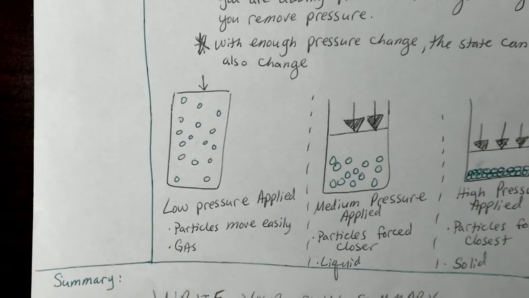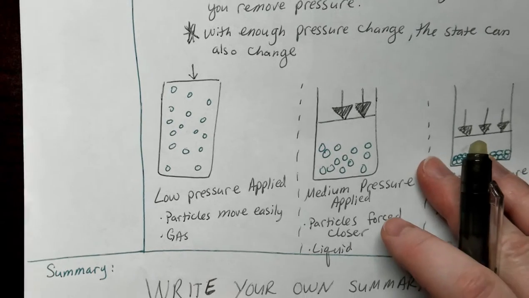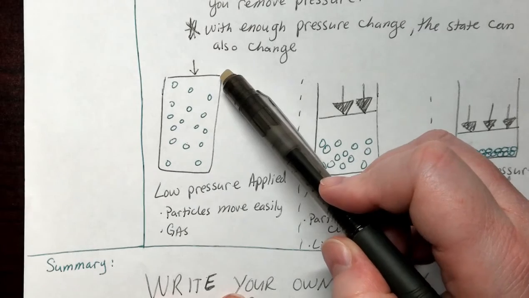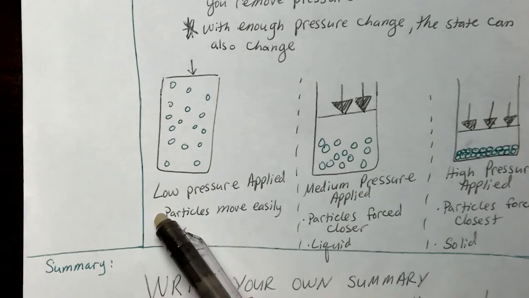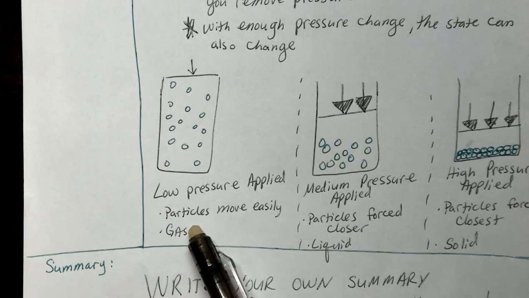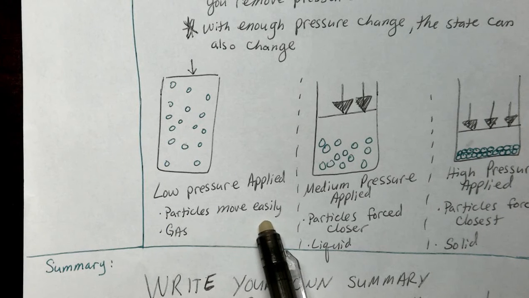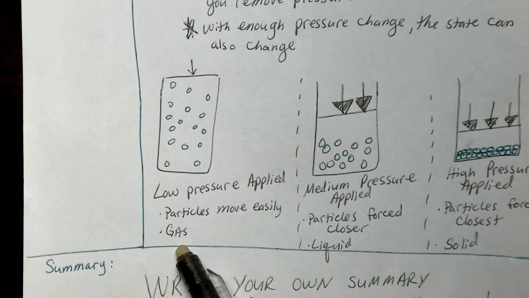If you have a tank of compressed natural gas, that would be a gas when it is out in the world, but when we pressurize it and put it into the tank, it actually turns into a liquid. Right here I have an example of just a big container with some gas particles in it. If there's very low pressure applied, the particles can move easily, and it's in its gaseous state.